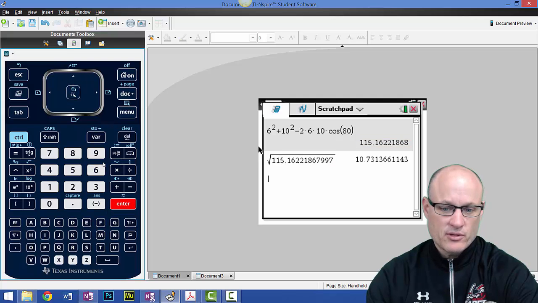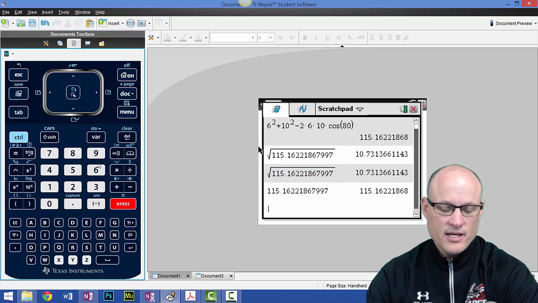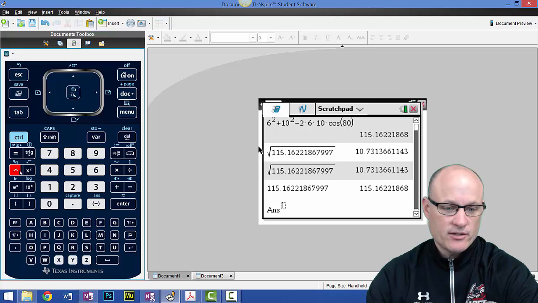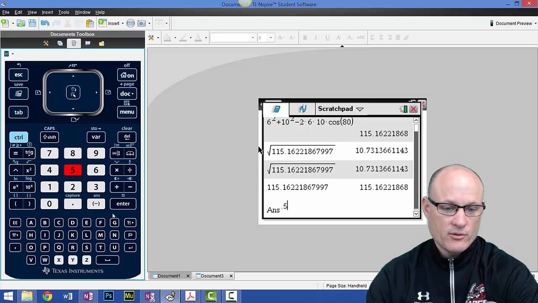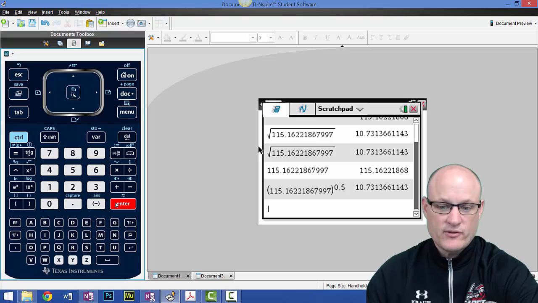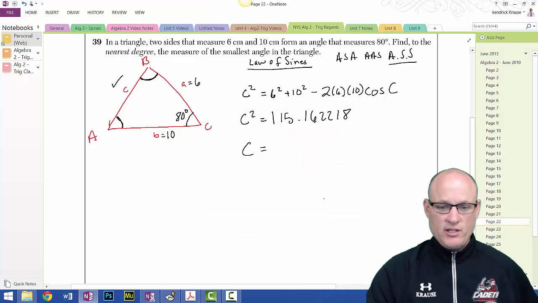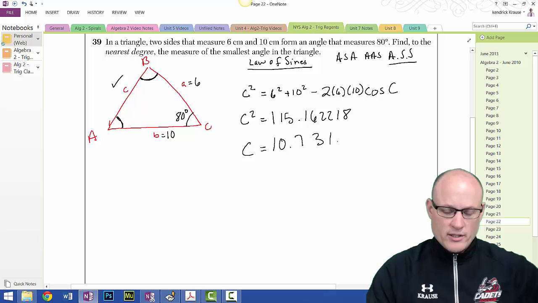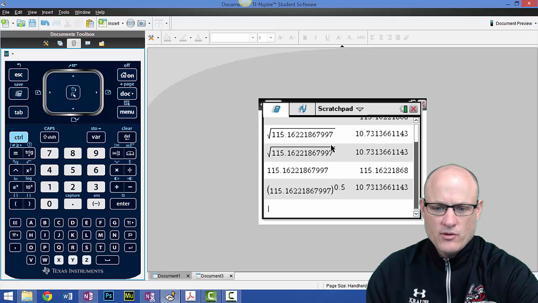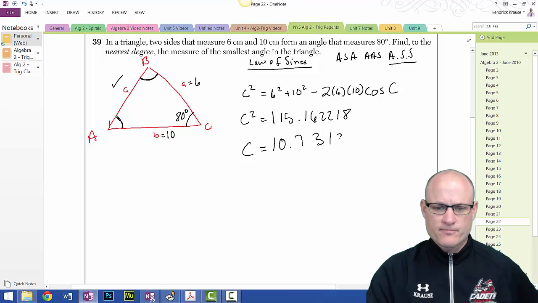Or I can remember a simple fact: you could also just hit caret to the 1/2 power. That's how I always do it. It's going to be the same thing. So C is equal to 10.731366.